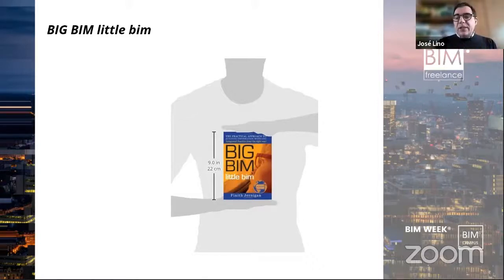The author of this book, which launched this statement more than 10 years ago, in 2007, the year of edition of this book precisely called Big BIM, Little BIM, is a famous author from the American Institute of Architects, the architect Finith Jernigan, who came with this incredible book that speaks about the real BIM.